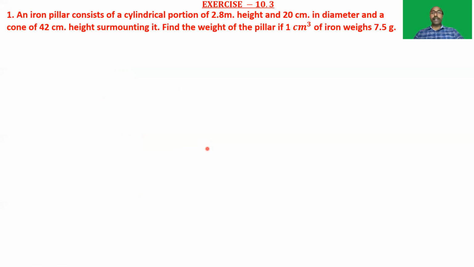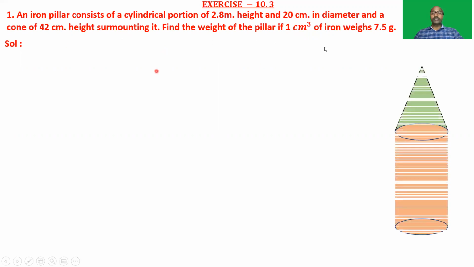Find the weight of the pillar if 1 cubic centimeter of iron weighs 7.5 grams. So here an iron pillar is the combination of a cylinder and a cone, like this.